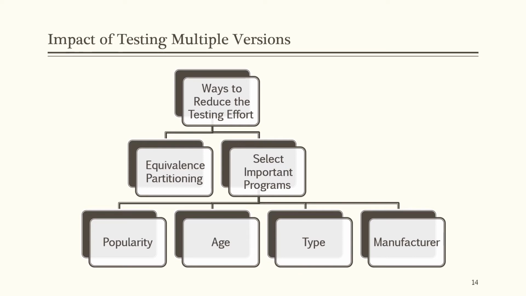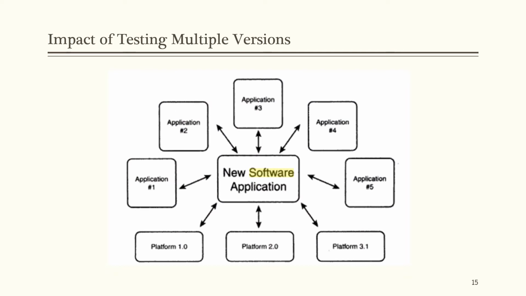Then manufacturers: pick software based on the company that created it. Here in this picture, you can see a new software application that should be compatible with these shortlisted platforms and many other already developed applications. You can see the platform versions, platform 1, platform 2, and platform 3.1.